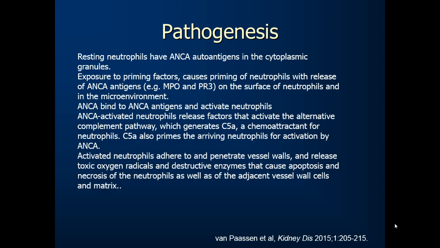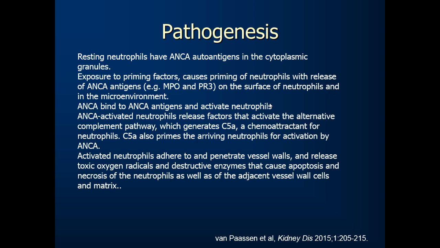Pathogenesis, and all of this text is more for me because I have a hard time walking through all of this. So there are neutrophils. They have ANCA autoantigens, myeloperoxidase and proteinase 3, or MPO and PR3, in their cytoplasmic granules. They're exposed to a priming factor. The example that's given a lot is infection.